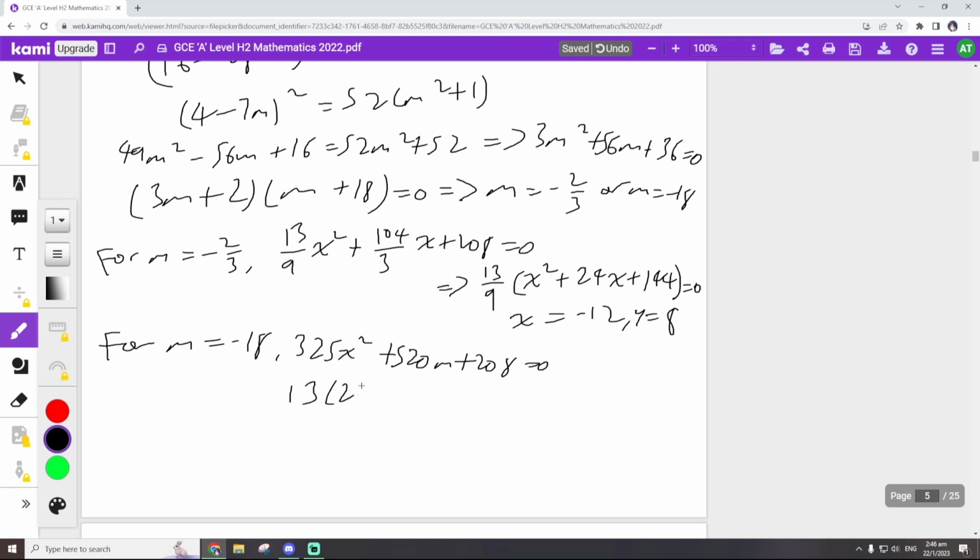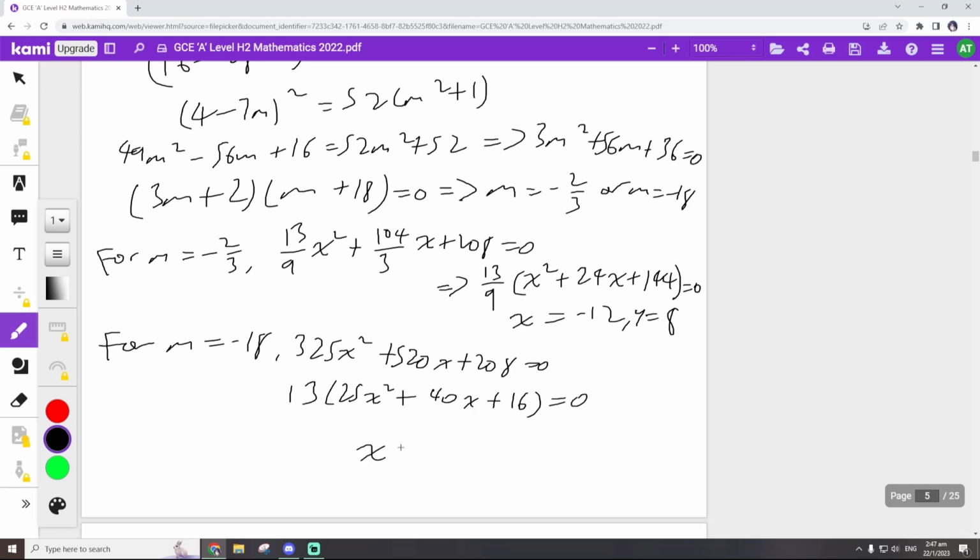Okay, and everything can be divided by 13 here. So 13, 25x squared plus 40x, it's not m, it's x, plus 16 equals 0.